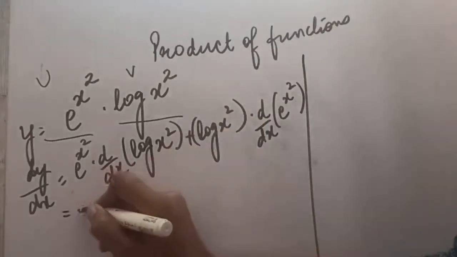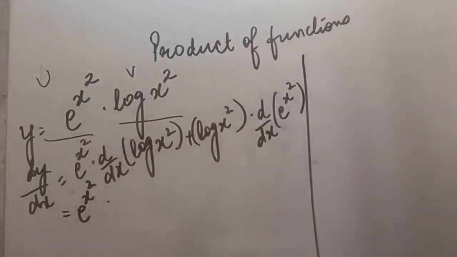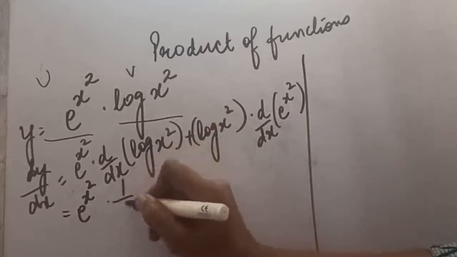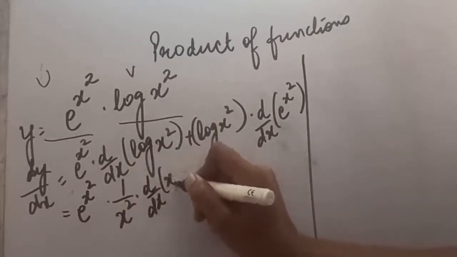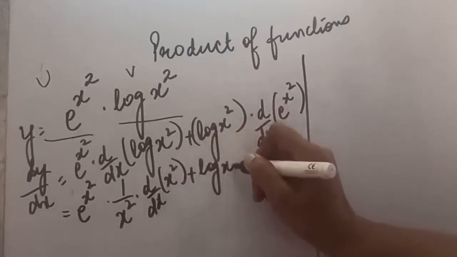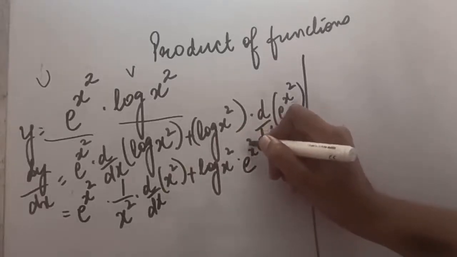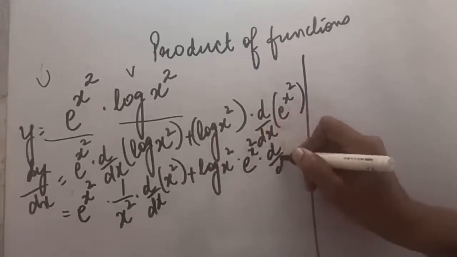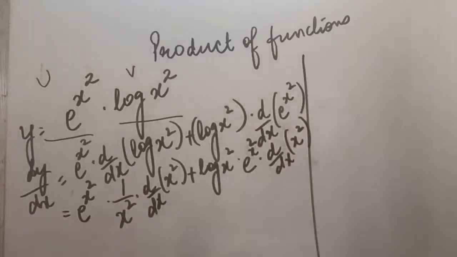Here, if you see, this is the same e^(x²) into the derivative of log x², which will be 1 upon x² into d/dx of x², plus this is going to be the same log x², and the derivative of e^(x²) will be e^(x²) into the derivative of x². So this is the derivative, which is further taken.